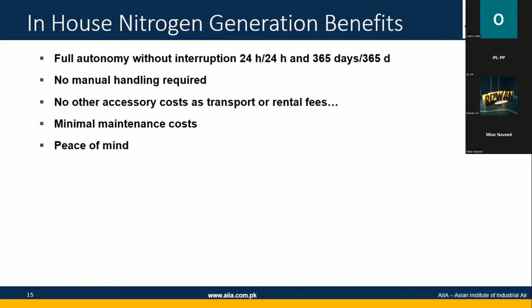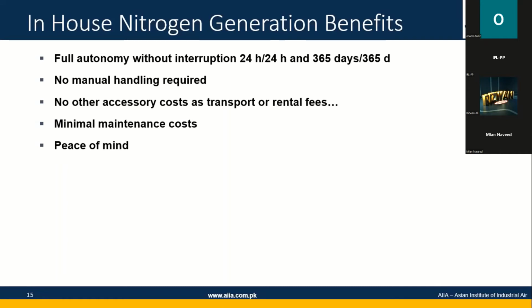Further, you do not require any manual handling, because you are producing and using it directly in your system. So you do not need manual handling, a workforce or storage. All these things are eliminated if you are using this method of in-house nitrogen production.